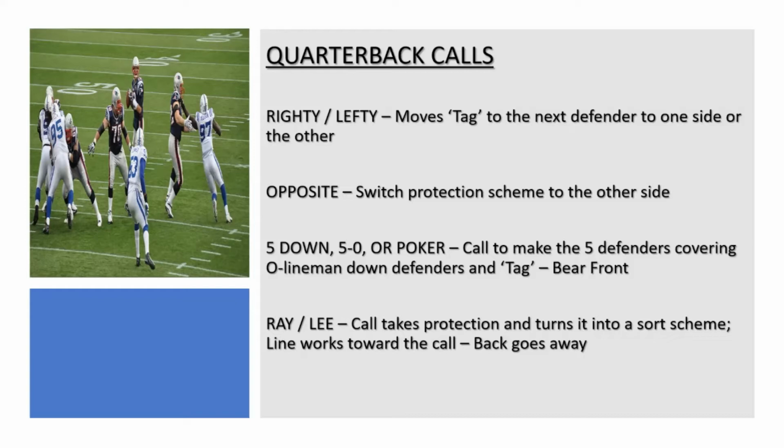Once again, this was a safety blanket for the quarterback when he knew he was getting something, wasn't quite sure where it was coming from, and he had on a protection that he felt was compromised. His go-to could be just make a Ray or a Lee call, and that's going to block 90% of what someone can bring at you, and we go from there. So just some answers for our quarterback to get himself protected better.